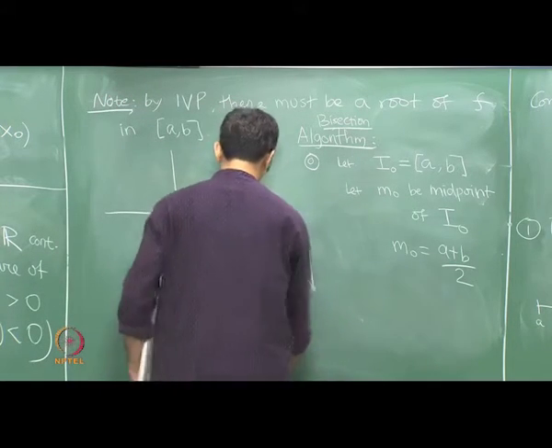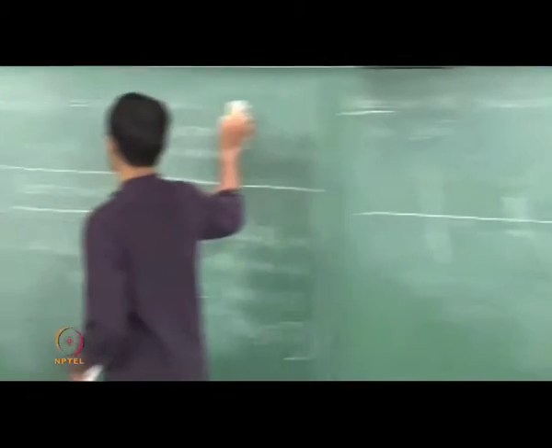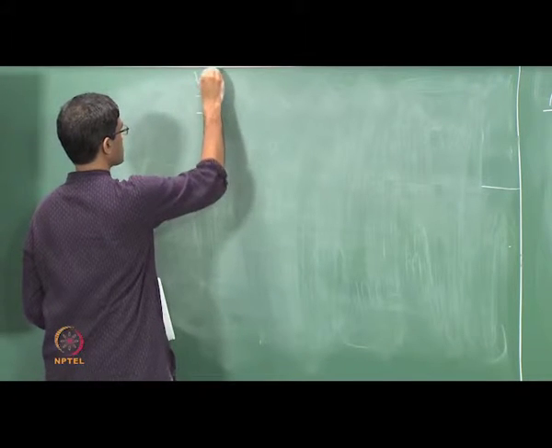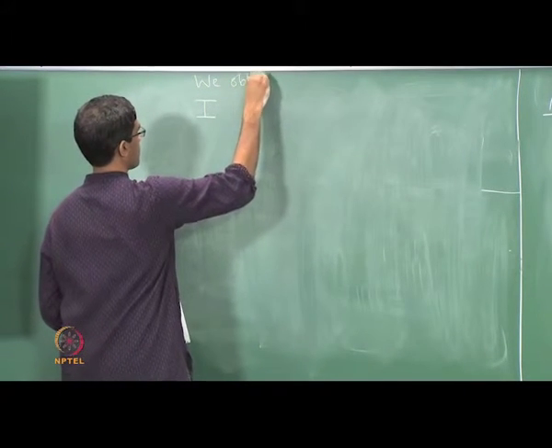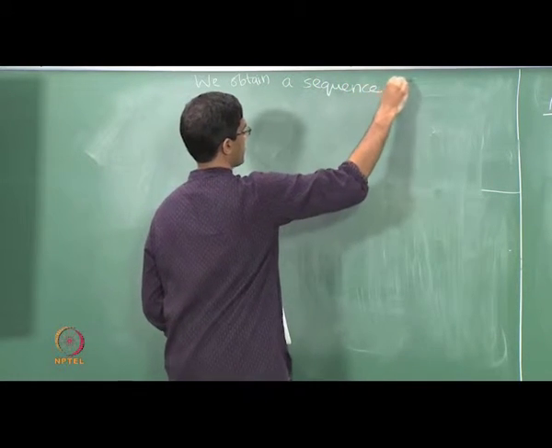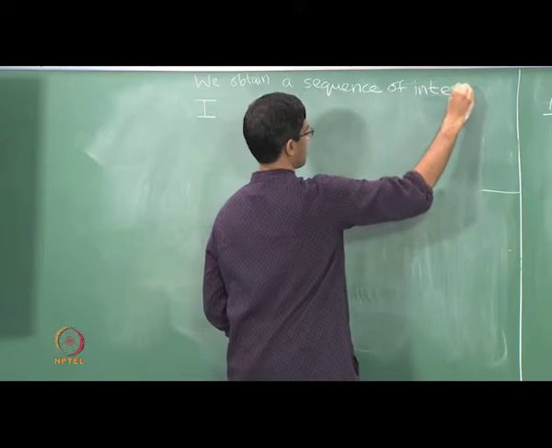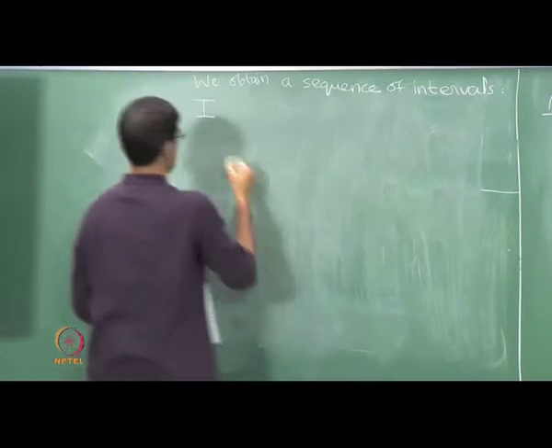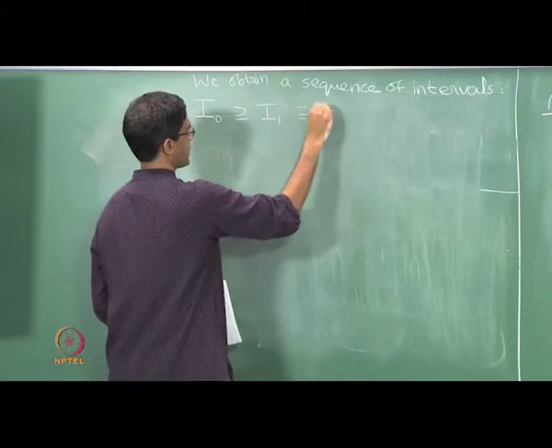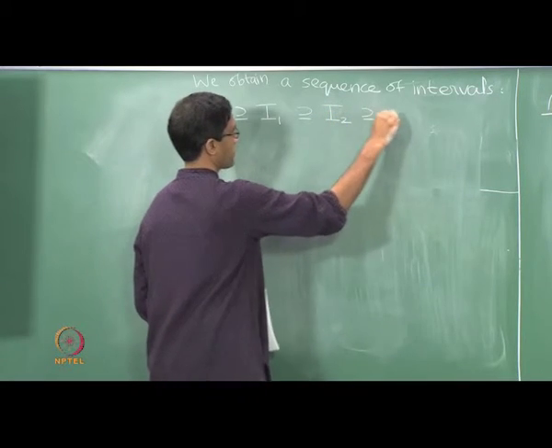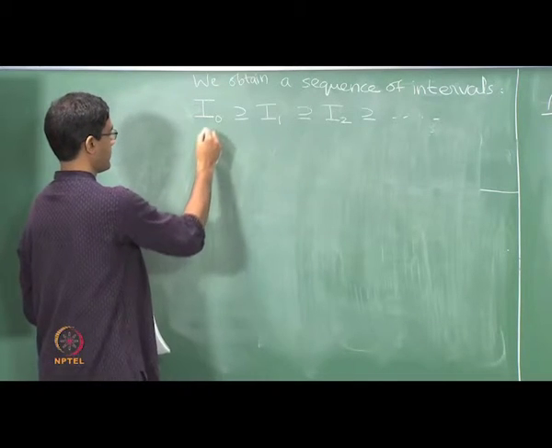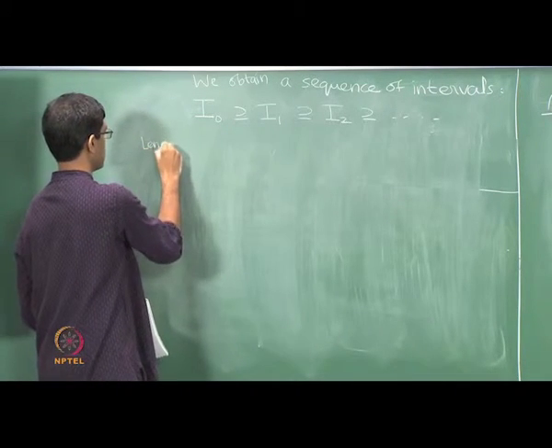So what we really have is a sequence of intervals: I0 contains the next interval I1, which contains the next interval I2, and so on, and the length at each step becomes half.